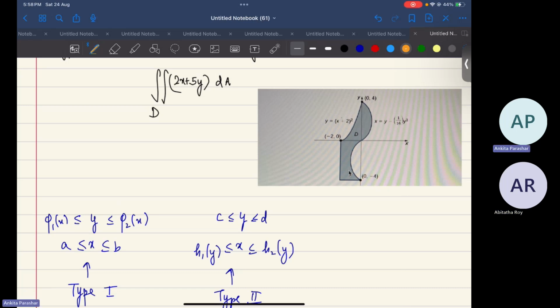Now, does it simplify? It does. Now, can you tell me which one is type 1, which one is type 2?